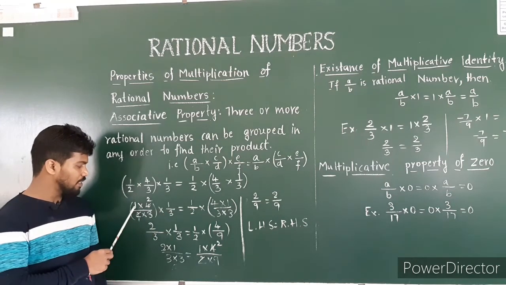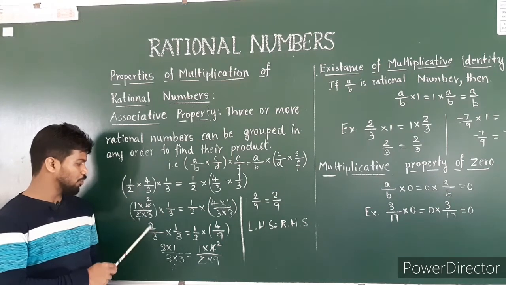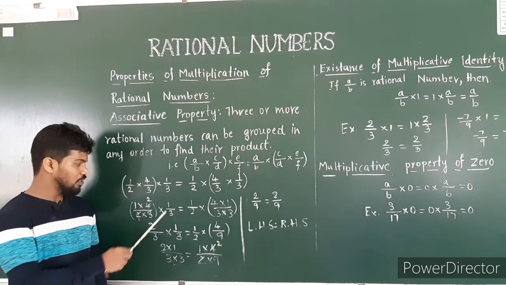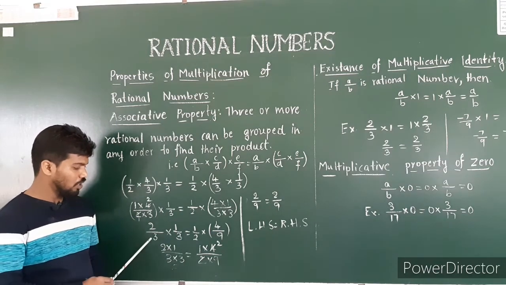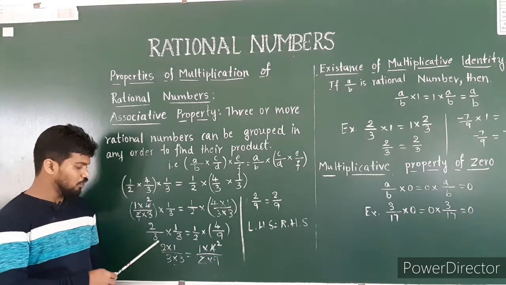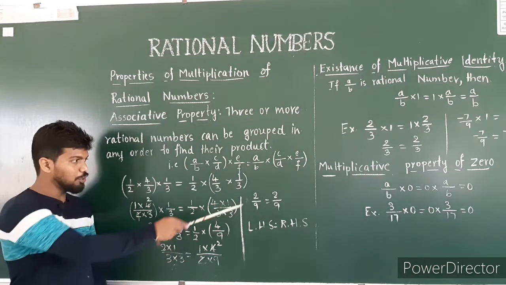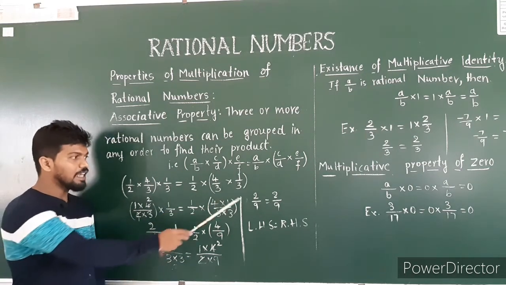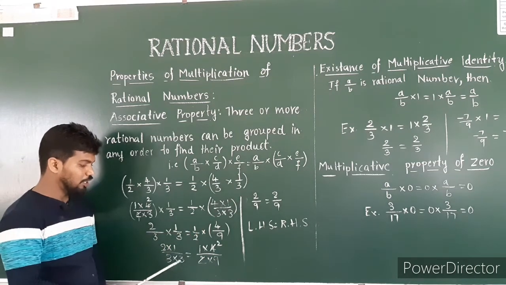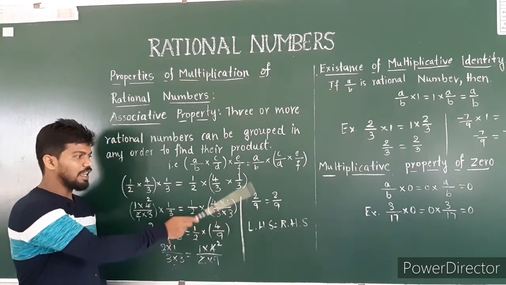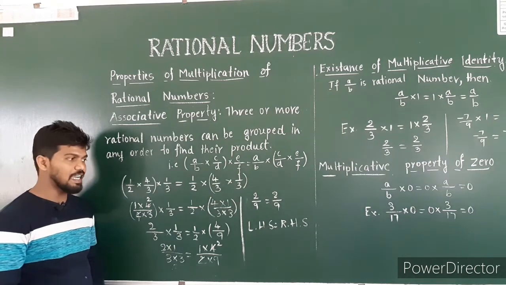What remains here: 1 into 2 you get 2, 1 into 3 you get 3. So 1 by 3 as it is. Now 2 into 1, 2 into 1 into 3 into 3. I continue here. 2 into 1 I get 2, 3 into 3 I get 9. So 2 by 9. So LHS I got 2 by 9.